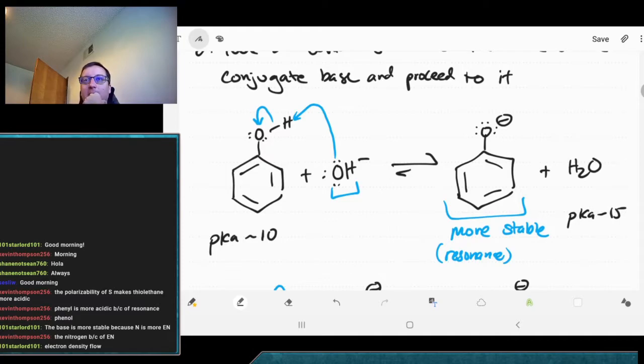And so we end up with that. So that's mechanism. Those are the arrows that we use. Remember, always start at a lone pair or a double bond, and always end as a lone pair or double bond. So you end back on an atom, or onto a single bond to make a double bond. Or a triple bond, you could do that too. But that's neither here nor there. Okay, cool.